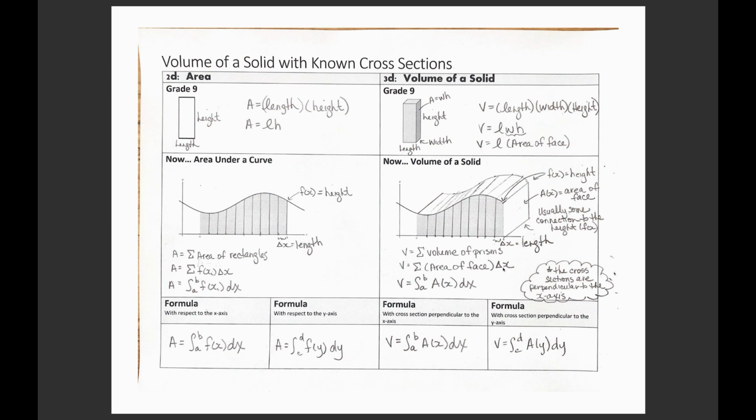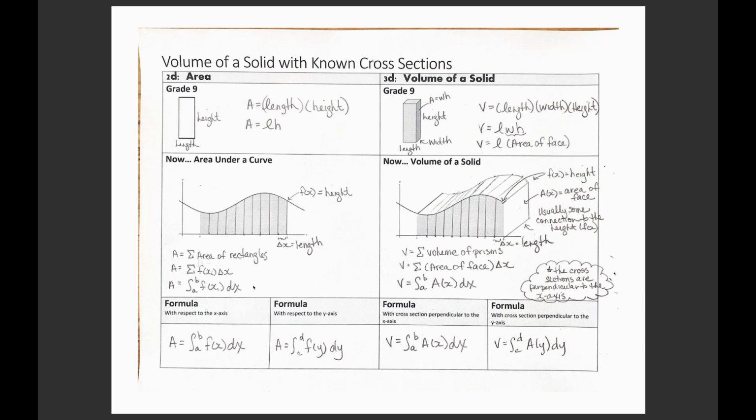And you're going to multiply that by your delta x, which is your length right here. I can turn this into an integral by saying that the volume is equal to the integral from a to b, which is the sum, of the area of the faces, whatever the area of that would be, times that length of my delta x.